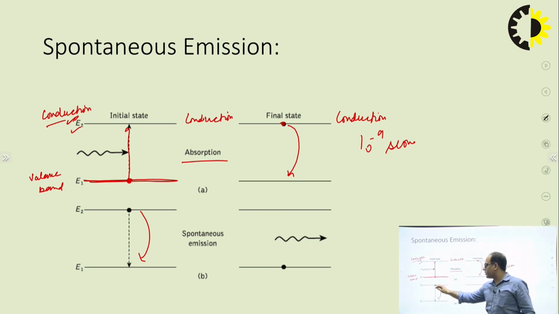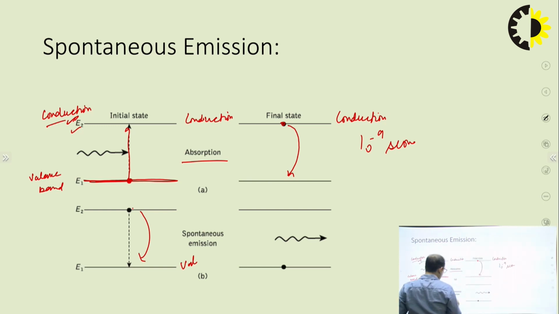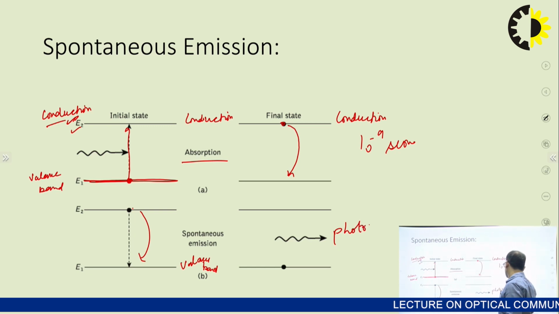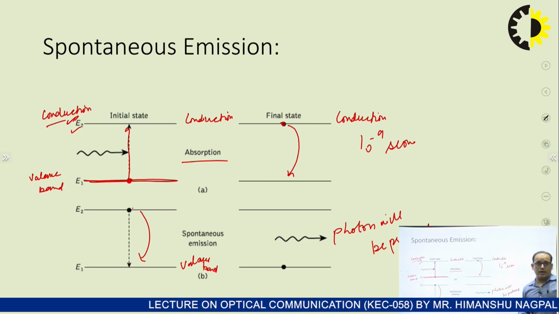When it comes back to its original band, that is when the electron comes back into the valence band from where it was previously at the conduction band, it jumps back into the valence band and produces a photon. So this is the basic principle of LED, the working principle of LED.